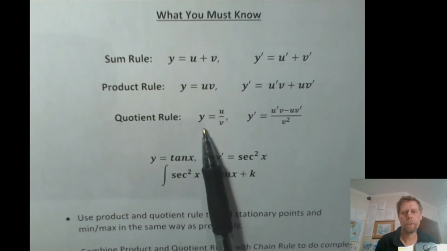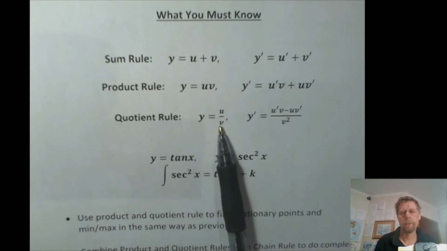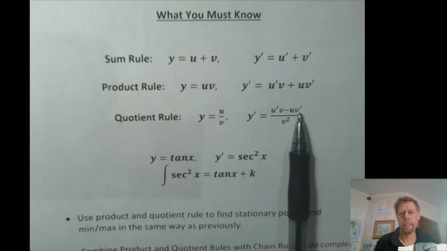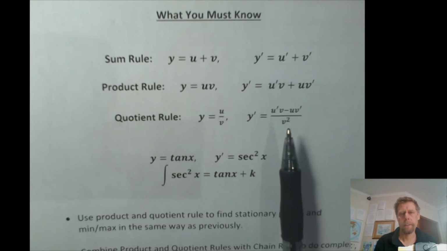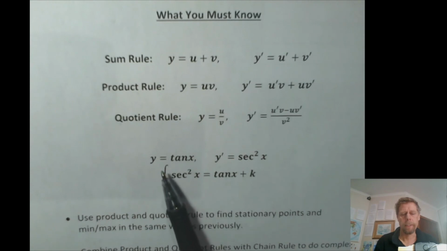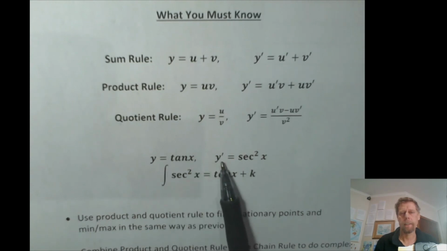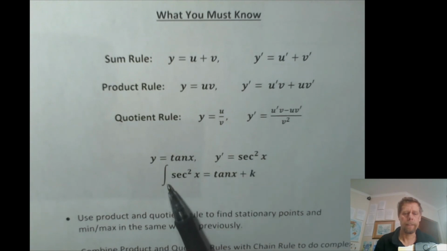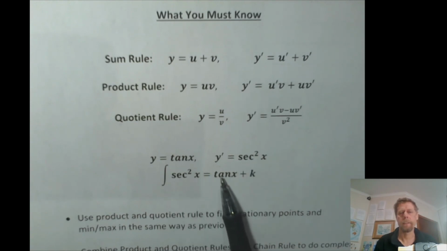Then we have the quotient rule, which is y equals u over v, then y dash equals u dash v minus uv dash. See the similarity to the product rule, just with a minus, and then we divide it by v squared. Then there's a special case, where if y equals tan x, then y dash equals sec squared x. And obviously from that, the integral of sec squared x is tan x. And don't forget your indefinite integral there.